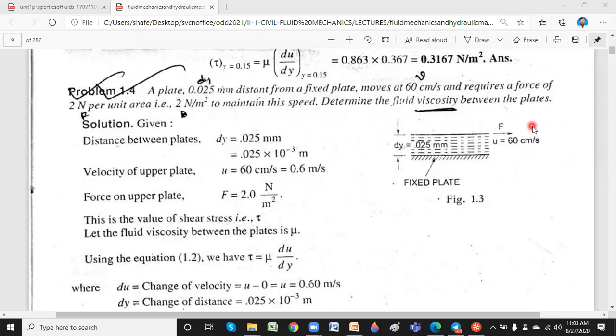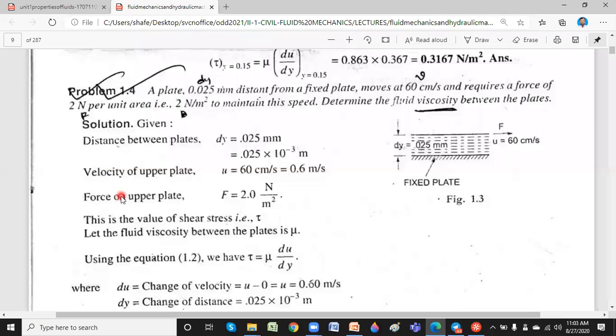I know the force, the velocity, and the distance, and he's asking for the viscosity. Either you can find the dynamic viscosity or the kinematic viscosity, it's okay. Hope you understood the problem. In the previous case I determined tau; in this problem I need to find mu or nu. Mu is dynamic viscosity, nu is kinematic viscosity.